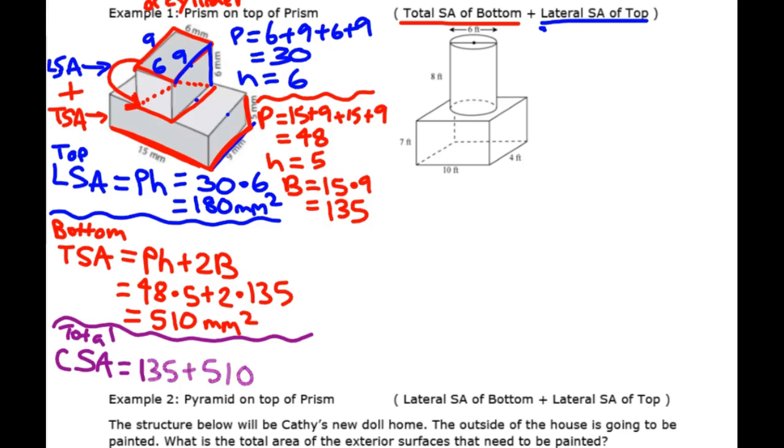Oh, sorry, my bad. I was looking right here, but it's supposed to be right here. 180 plus 510. Thank you. Gives us what? 690 what? Millimeters squared.